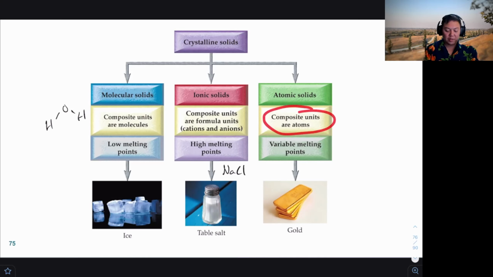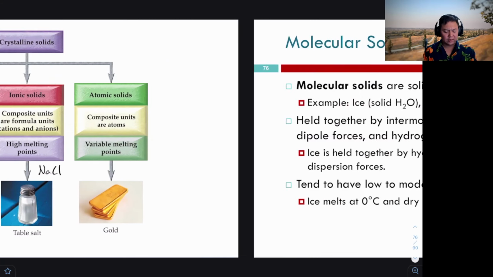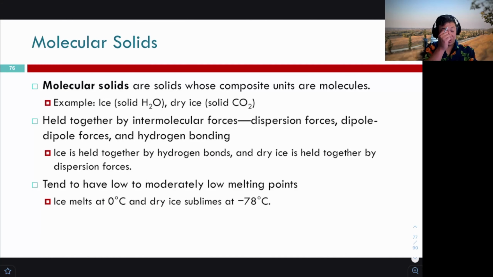Then our atomic solids, the smallest unit of those is the individual atoms. Those are always going to be pure elements, because the entire thing is composed of just a single type of element. I guess amalgams might change that a little bit, but we don't talk about those.